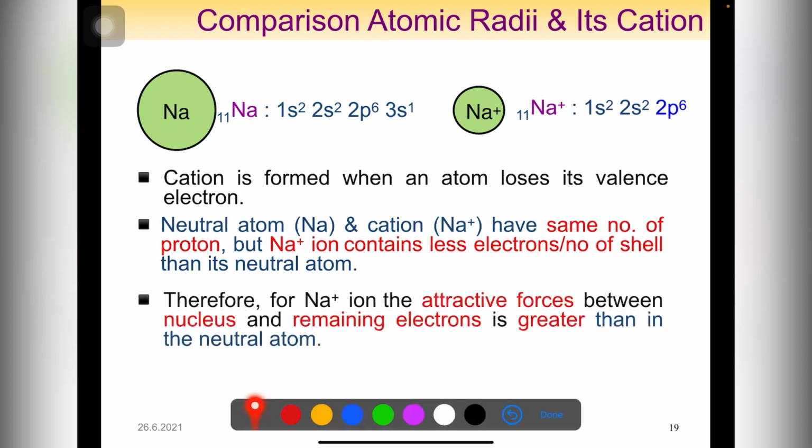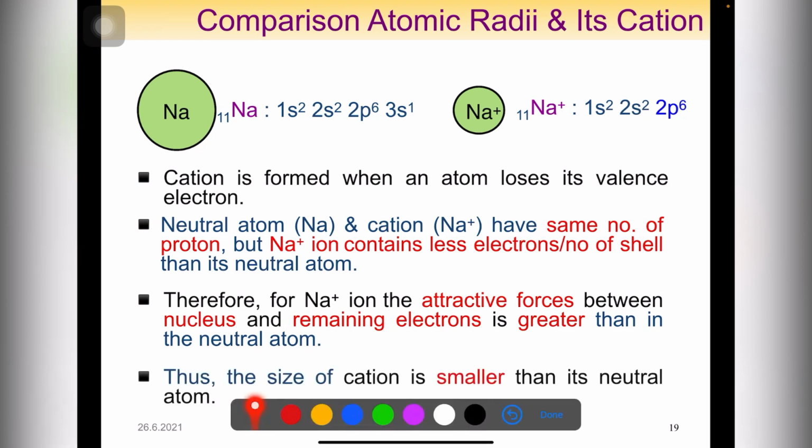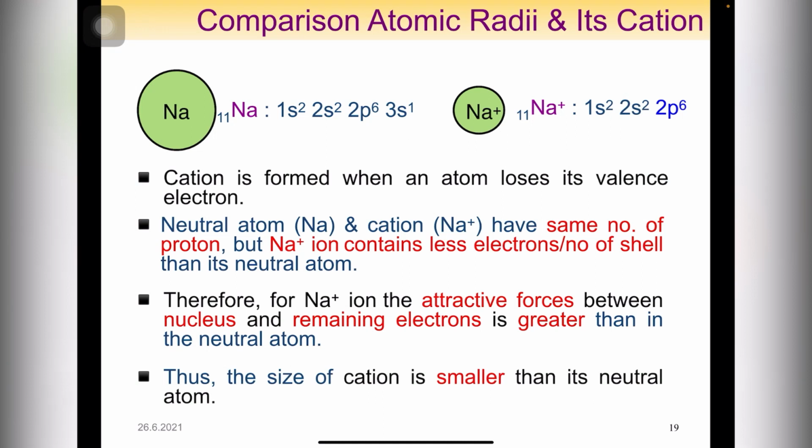So the attractive force between the nucleus and the remaining electrons is greater than in the neutral atom. You have to use the term remaining electrons for the ions, because 1 electron was removed from the neutral atom, so the electrons remaining are 10, and thus the size of the cation is smaller than its neutral atom.